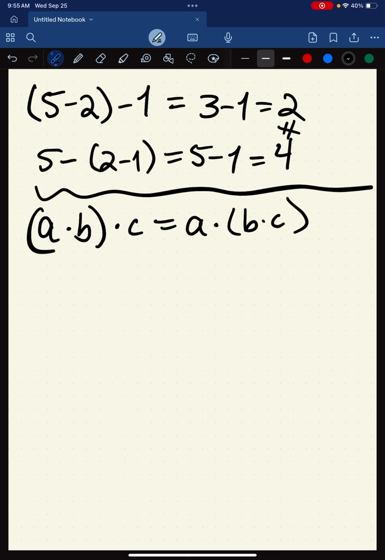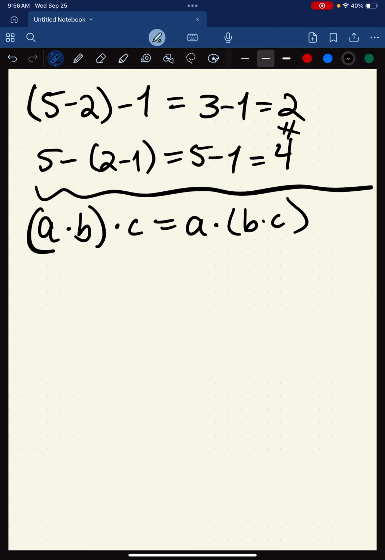By the way, the associative property is the reason we don't have to use parentheses whenever it's just addition and multiplication. That's why we can write things like a times b times c, and I can put the dots in there if we need to, without the need for parentheses anywhere, because it doesn't matter which side I start with.